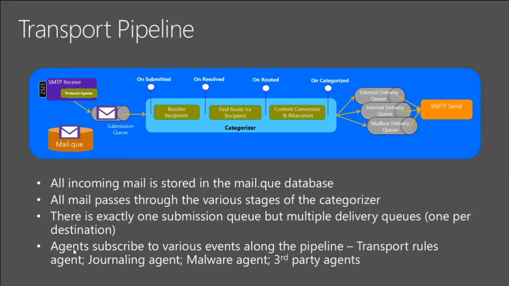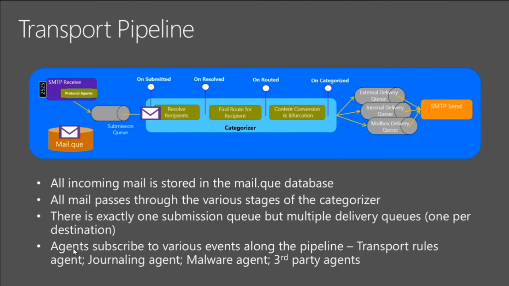But mail comes into the submission queue, and it goes to this categorizer pipeline. A lot of good things happen in this categorizer pipeline. Let's walk through this list. So the first thing that we do when we get a piece of mail is we look at the recipients on that mail, and we resolve them. When I say resolve, I mean we will look up Active Directory, find out whether this is a mailbox.